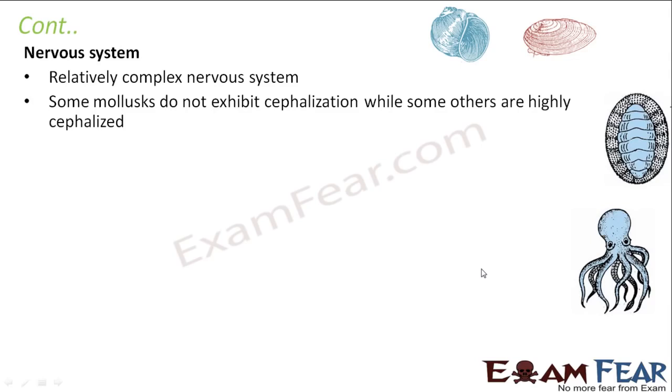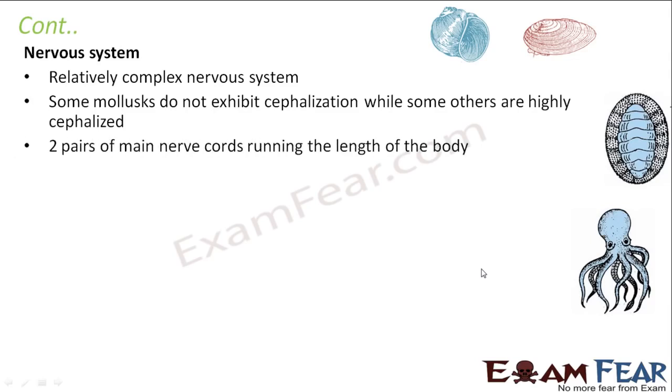Right? So here, what do we have in the nervous system? There are 2 pairs of main nerve cords running the length of the body. If you make a rough diagram of the nervous system, it would be somewhat like this. So this is how the nervous system's rough diagram would look.